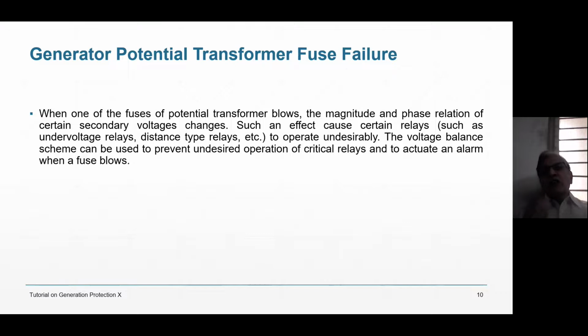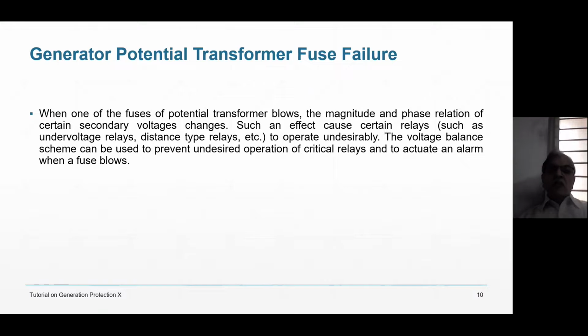You see, you have to protect the generator PT, and for protecting in the secondary there is an HRC fuse. If there is a short circuit in the secondary, which is quite possible because the secondary is just 110 volt, somebody may forget some instrument on the bus, the generator PT secondary bus.